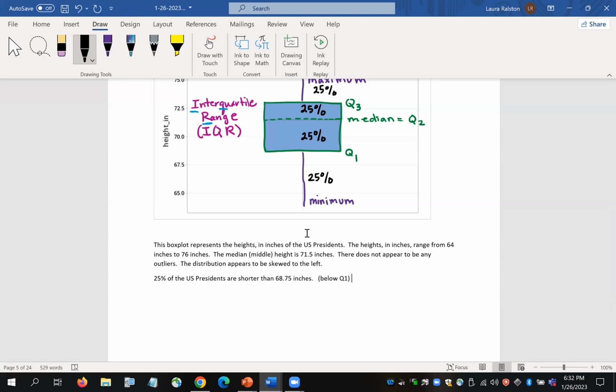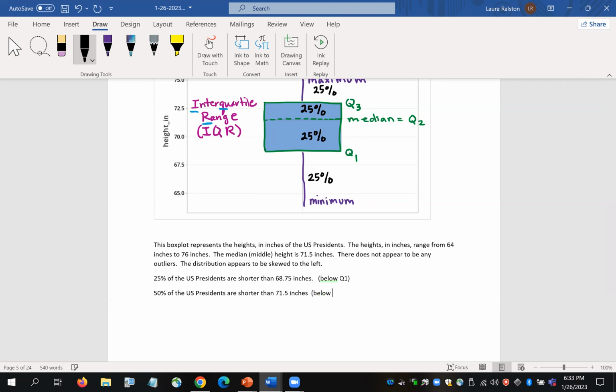Now I phrased it to fit the idea of heights. 50% of the U.S. presidents are shorter than 71.5 inches.